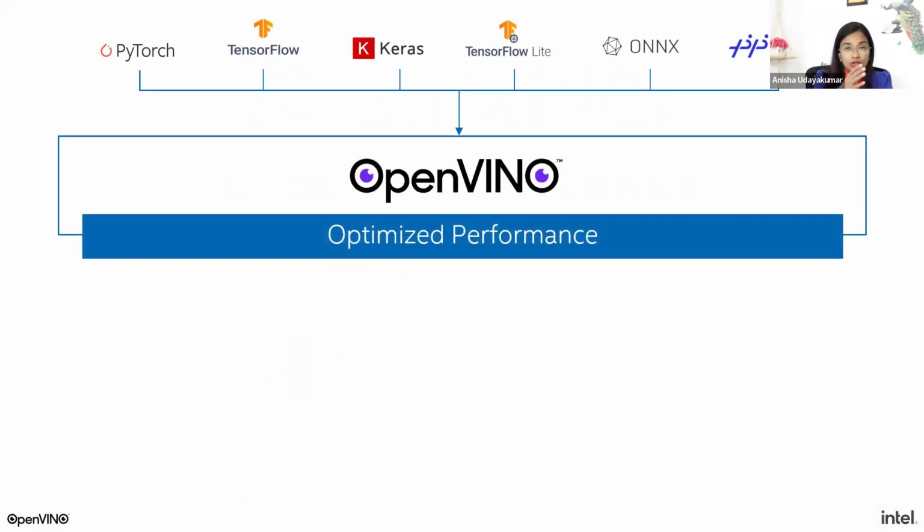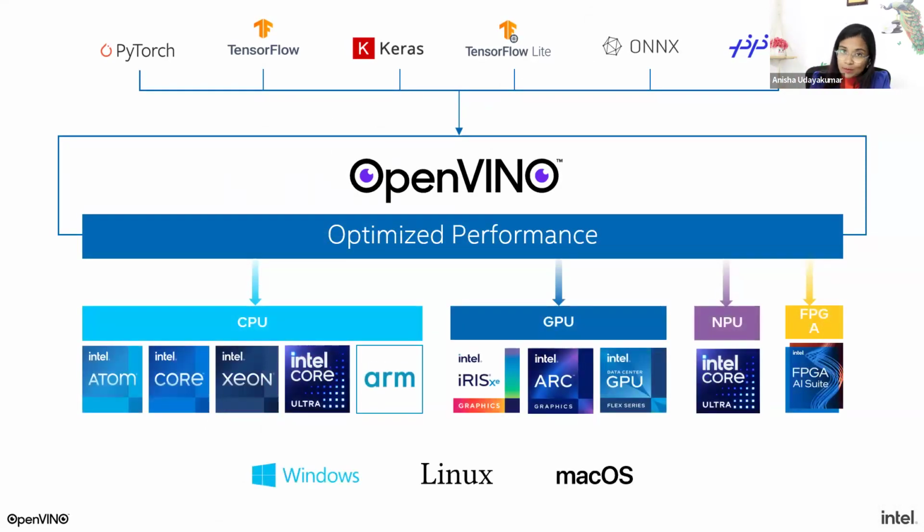With that, you try to optimize your model using OpenVINO and deploy it across the spectrum of hardware, specifically Intel hardware like Atom, Core, Xeon. The most recent one that was released a couple of days back is Intel Core Ultra, the AI PC that I was talking about. We also have discrete GPUs. I don't know how many of you are aware of the fact that Intel has discrete GPUs.